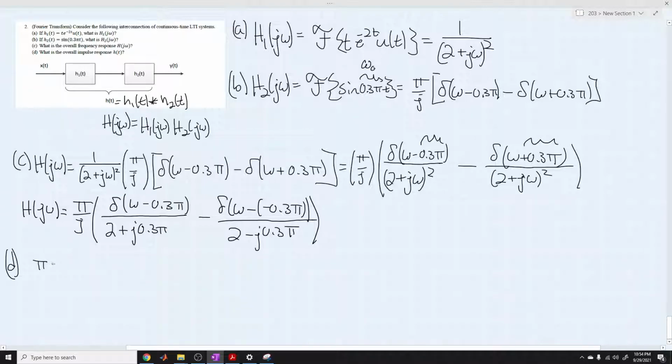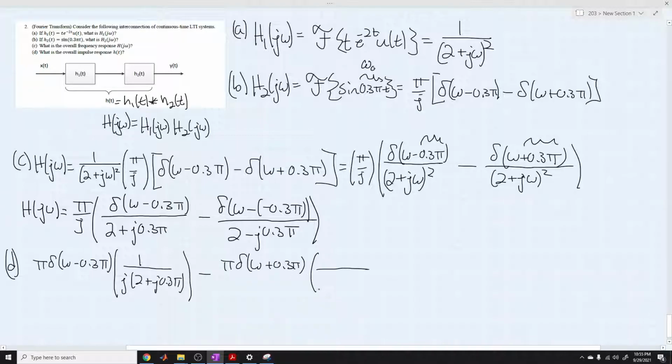So we'll have pi times delta omega minus 0.3 pi, and it's going to be 1 over j times 2 plus j 0.3 pi, and that's minus a pi delta omega plus 0.3 pi, all over j times 2 plus j 0.3 pi with a 1 on top.